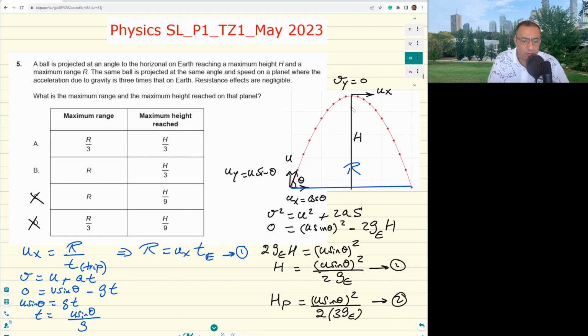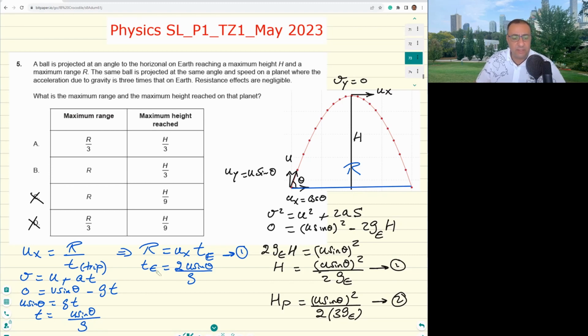Therefore the time of the whole trip on Earth is going to be 2 times u sine theta over g. Makes sense? Because here we have the time to reach the maximum height where the velocity equals 0, and I got that using this kinematic equation. But then the time for the whole trip to find the range is basically twice that time.